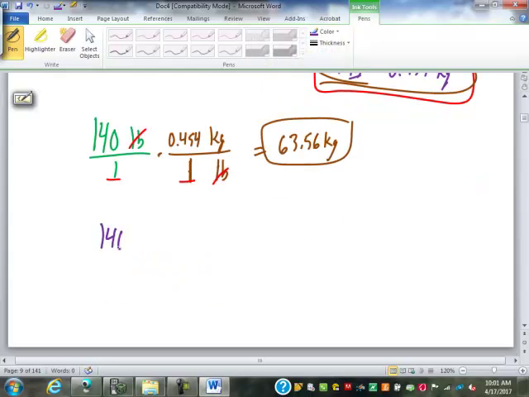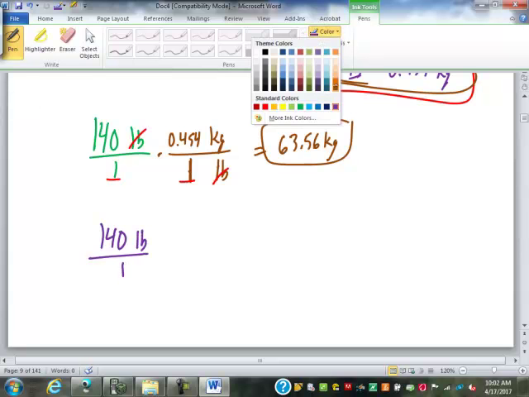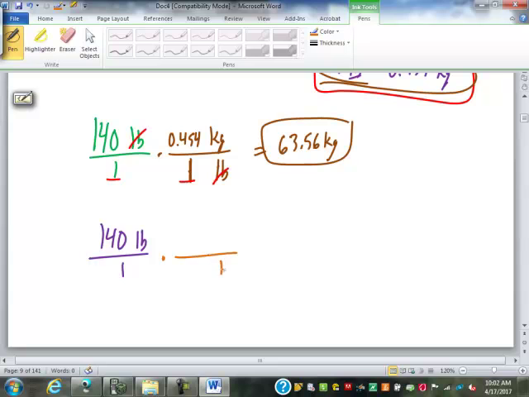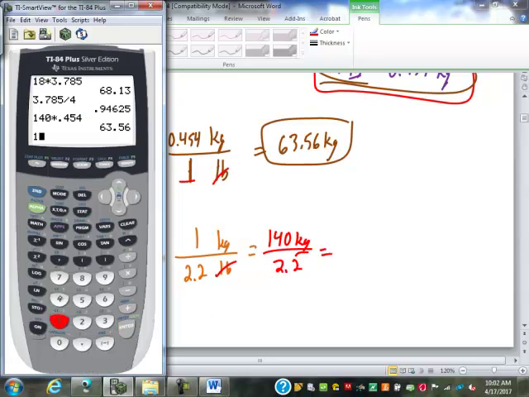The 140 pounds to me it would be just fine if you said 1 kilogram is 2.2 pounds. Unfortunately, 140 times 1 kilogram is 140 kilograms. 1 times 2.2 is 2.2. 140 divided by 2.2 is going to be 63.64.